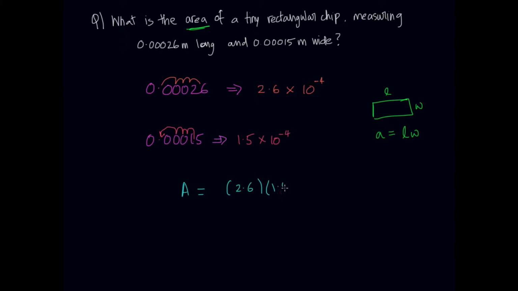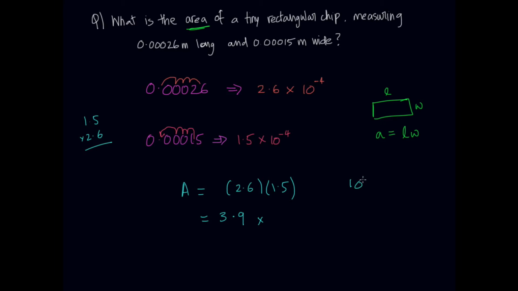So just focus on the n you have and multiply the n's together. And 2.6 times 1.5, you could work this out here. But just for time's sake, I'm just going to put the value in. It's 3.9.